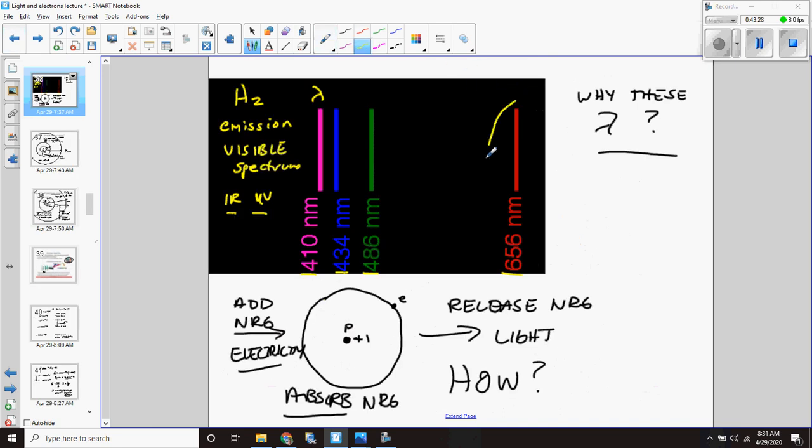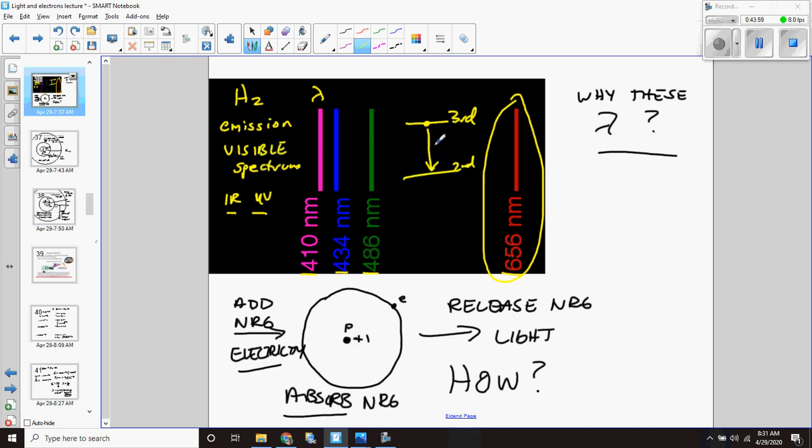656 nanometers is exactly equal to this wavelength. So what we just found is that when you look at the light being given off by hydrogen that's being excited with electricity, this red light occurs because an electron goes from the third shell of a hydrogen atom back down to the second shell.